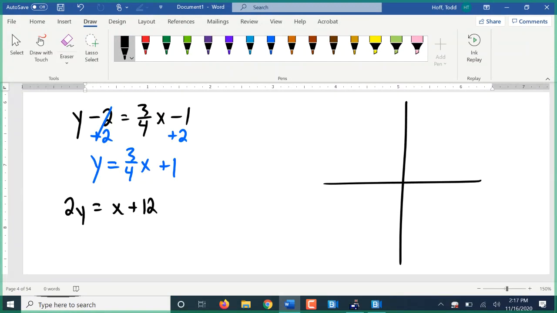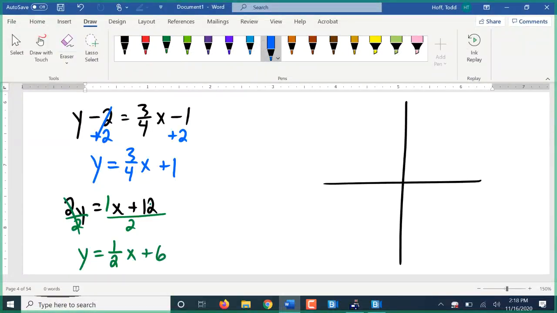So now to solve for the second one, before we graph it, we have to divide out the 2. Remember, when we divide, we have to divide every term on each side. So on the left, the 2 divides out. We get y equals x divided by 2, which we think of as 1x divided by 2, so we put the 1 over 2 times x. 12 divided by 2 is a positive 6.